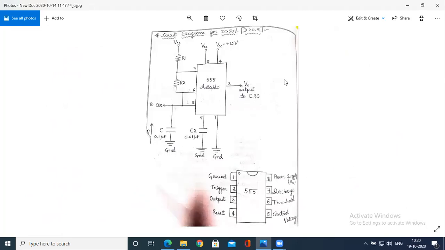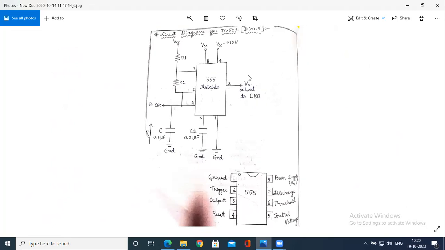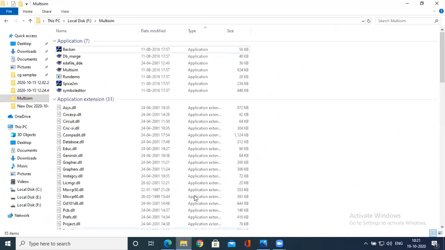Okay, this is the first case, all of you. Let me go with this first case, and if time permits, let us go to the second case also. We'll do two cases, duty cycle greater than 50. So here is a circuit diagram. We'll go to Multisim and do the experiment. All of you should get Multisim installed and do this experiment in Multisim.